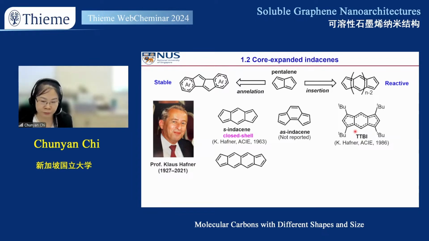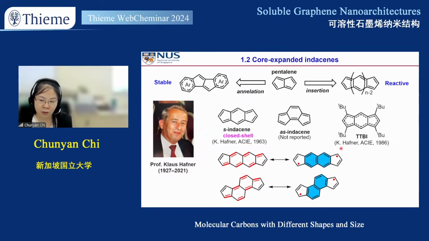So then we tried to insert a naphthalene unit between 2 5-membered rings. And for this structure, we can draw a central naphthoquinodimethane unit. For both molecules, we can draw open shell diradical resonance structures. Now the question is whether they have an open shell diradical ground state or not.